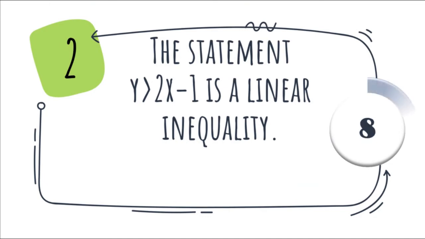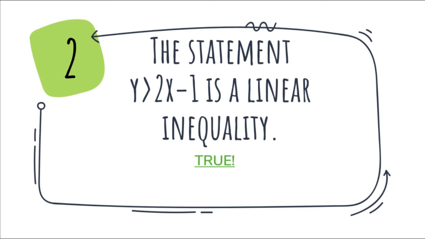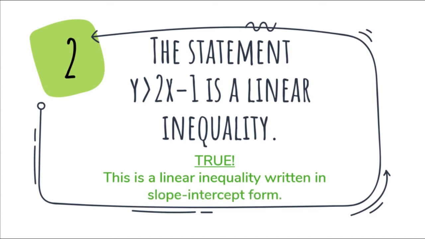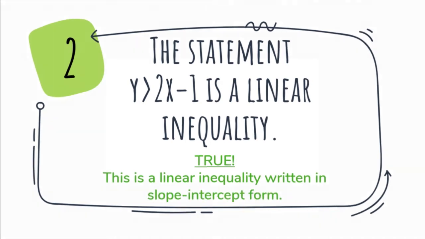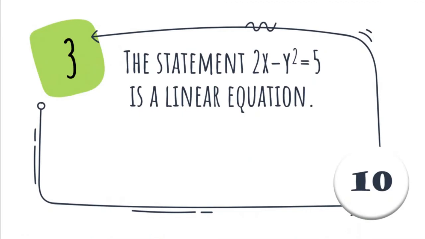Number 2. The statement y is greater than 2x minus 1 is a linear inequality. The answer is true. This is a linear inequality written in slope-intercept form.